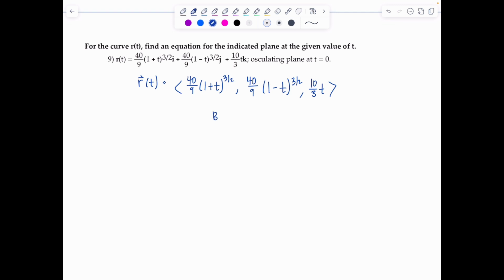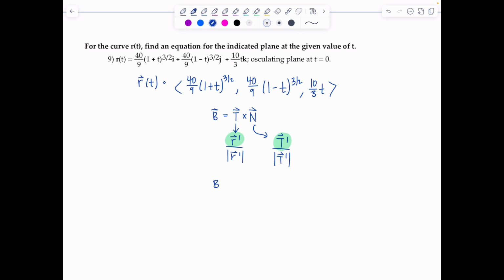And we know the binormal vector is equal to our unit tangent crossed with our unit normal. Well, we obtain the unit tangent by taking r prime dividing by its magnitude, right? And then the unit normal is T prime divided by its magnitude. Essentially, this is the first derivative of r crossed with the second derivative of r, because I'm taking another derivative.